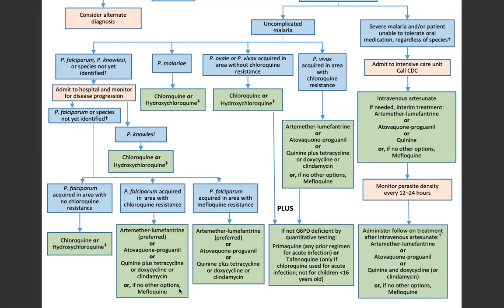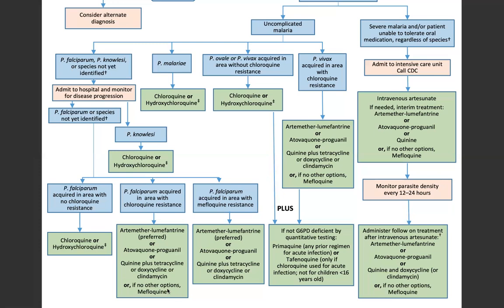If there is chloroquine resistance, you can switch to mefloquine, or if there is mefloquine resistance, then the preferred one is artemether lumefantrine or atovaquone proguanil or quinine plus antibiotics like tetracycline, doxycycline, or clindamycin.